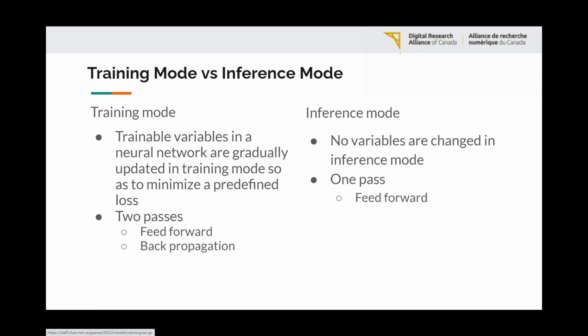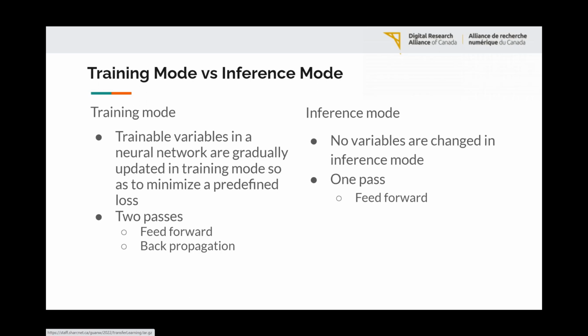So once you have the neural network built up, I mean the architecture, the weights, the trainable variables are initialized randomly. So you have to train the model with data.